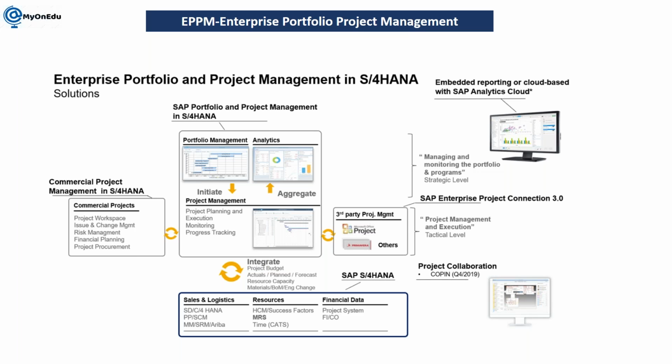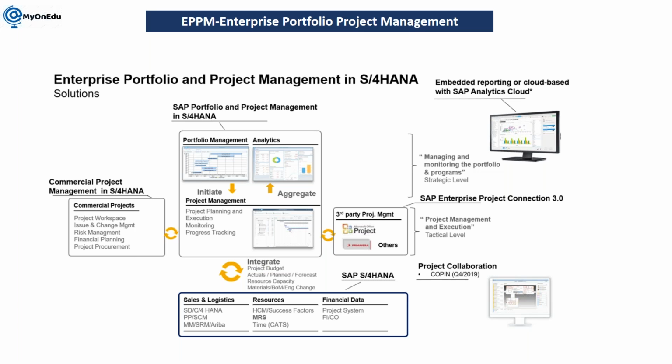So here in EPPM, from S/4HANA 1709 version onwards, PS, PPM, CPM, IM, everything is taken at one place in the core system. Earlier, before 1709, we had a choice to keep it as an add-on, or even in a separate server, or in the same ECC server plus the add-on.